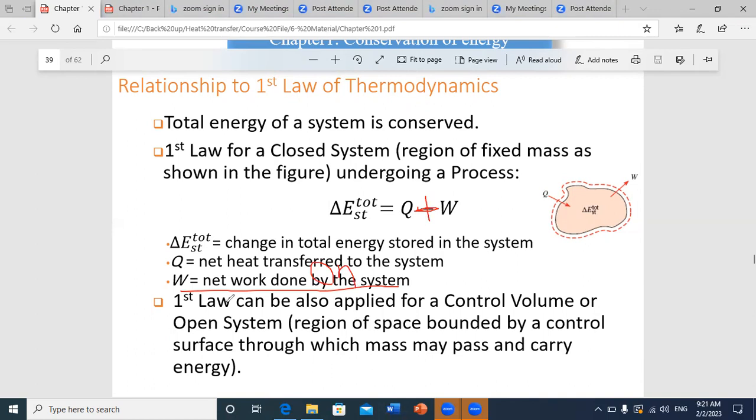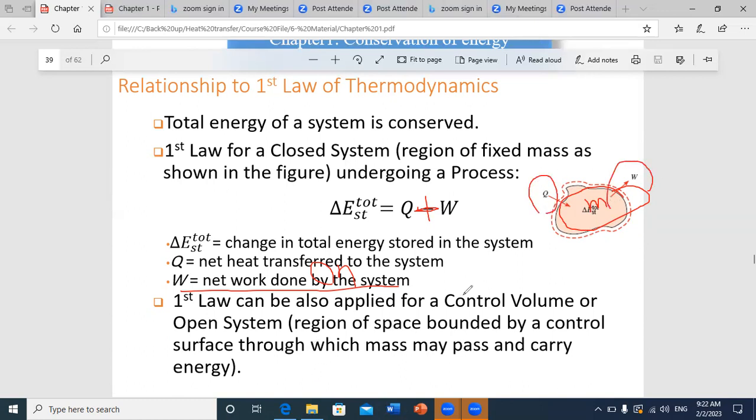Okay, so the first law can be applied to a control volume, or an open system, also. But what is the difference between an open system and a closed system? In a closed system, as we discussed before, you are exploring the same mass, and this mass can only exchange energy with the surroundings through forms of heat and work.